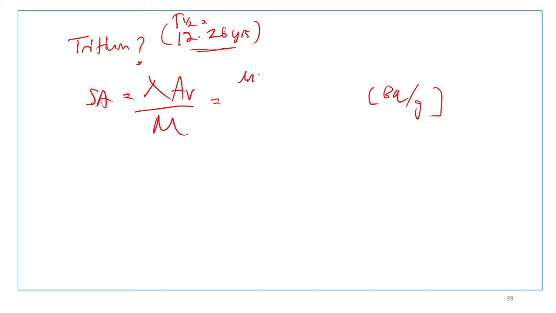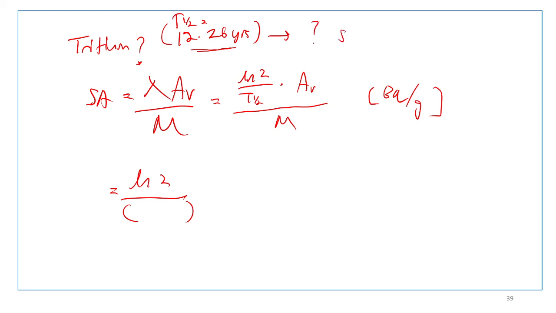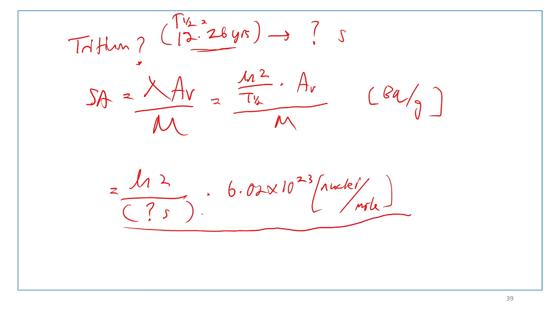So lambda is ln 2 over t half, multiplied by Avogadro constant over M. So ln 2 over 12.26 years converted into seconds, multiplied by the Avogadro constant, 6.02 times 10 to the power of 23 nuclei per mole, over the atomic weight of the tritium, which is 3 gram per mole.